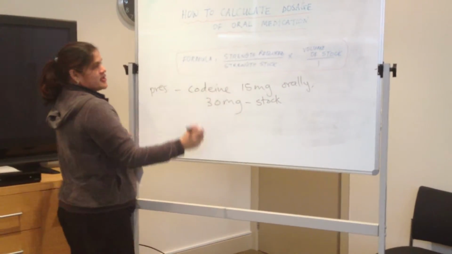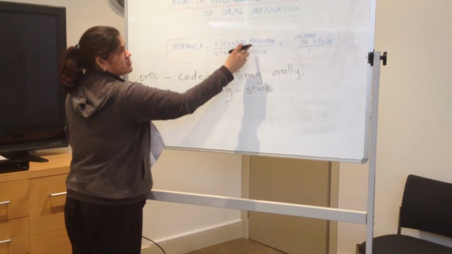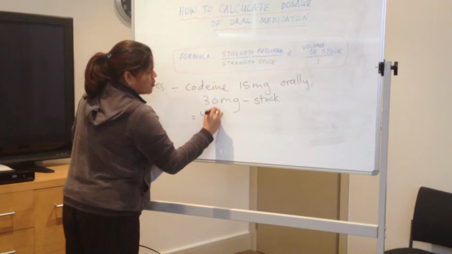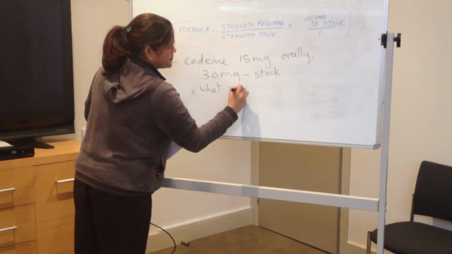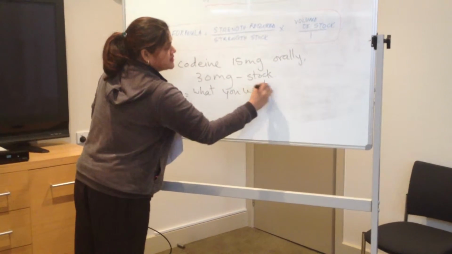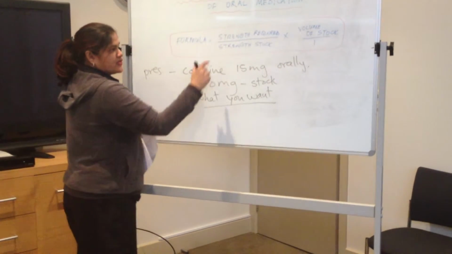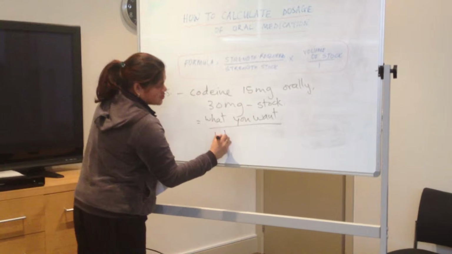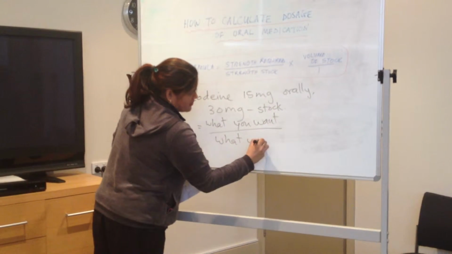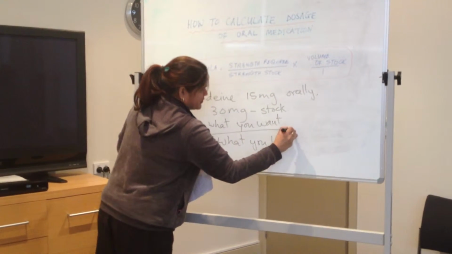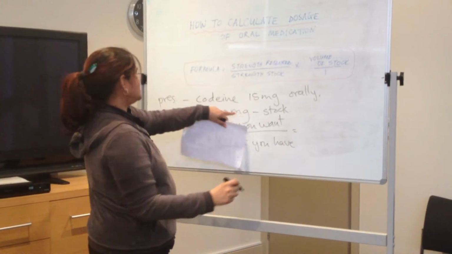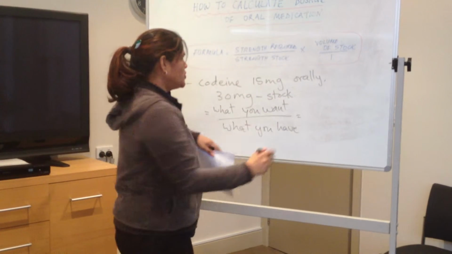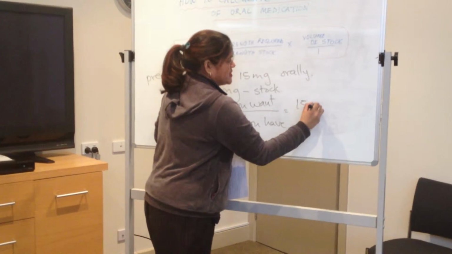Now, first, what is the strength required? This is what you want, right? What you want, divided by what you have in your stock. This is what the doctor has prescribed for you to administer to the patient, which is 15 milligrams.